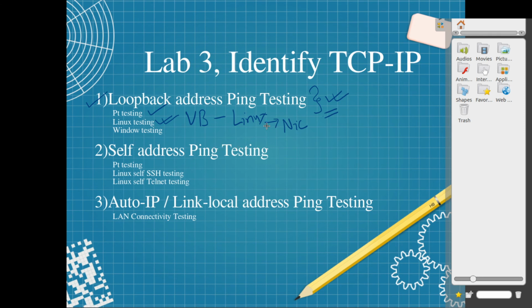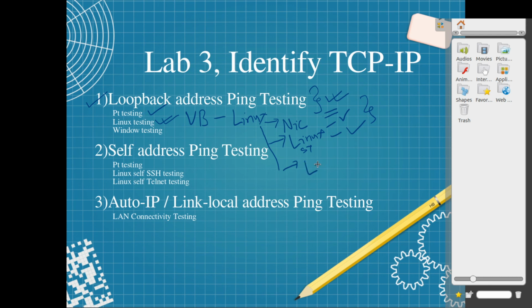Yes. So what is today's lab? We have two Linux servers, and every Linux server has multiple NICs. Suppose one Linux system has two NIC cards, and we will do a self ping test because the NIC card is connected.